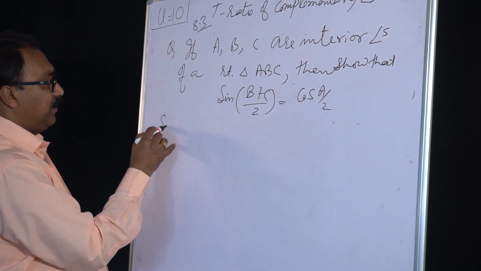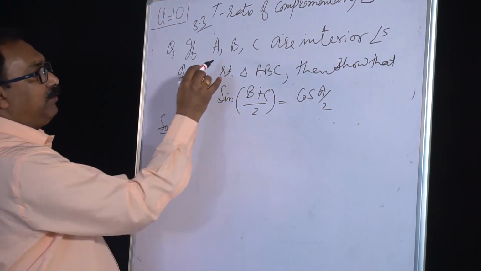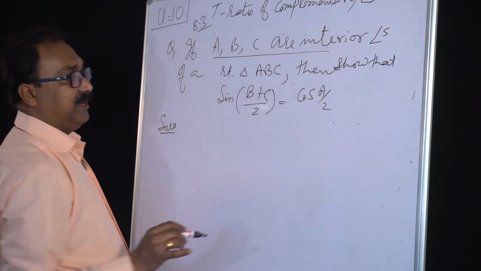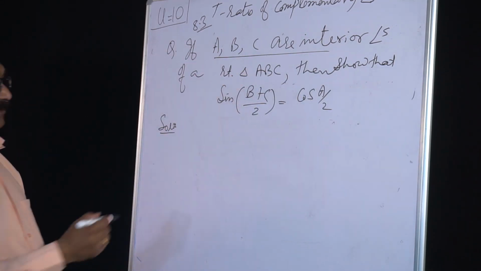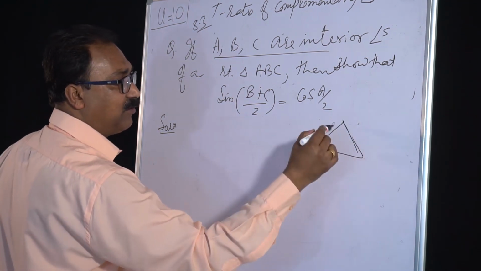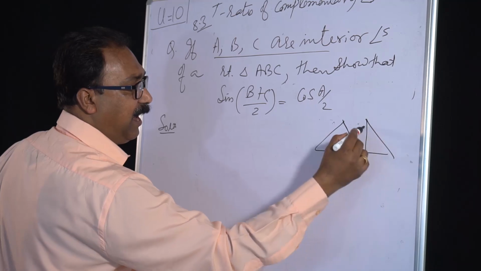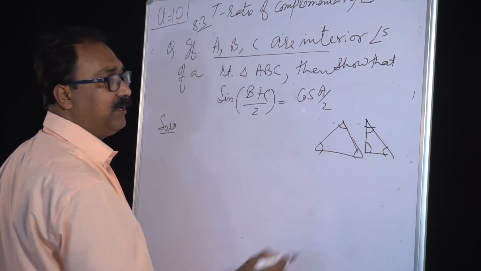Now in the solution part, we already know these are interior angles of a right triangle. Even if it is not a right triangle, they are interior angles of triangle ABC. If I add the three angles, what do you get?